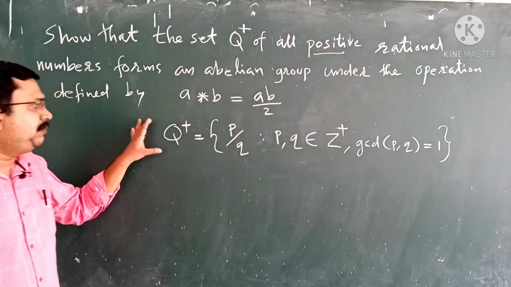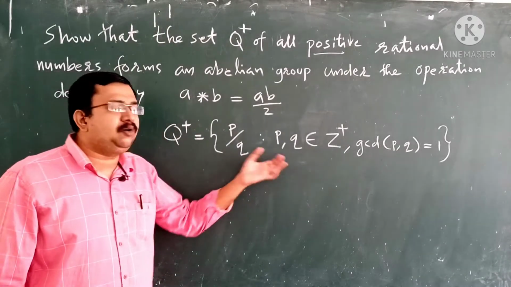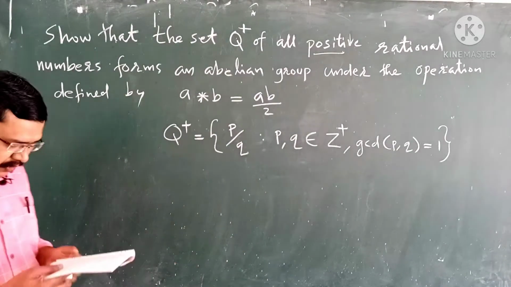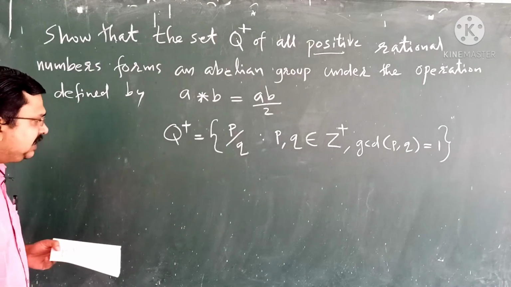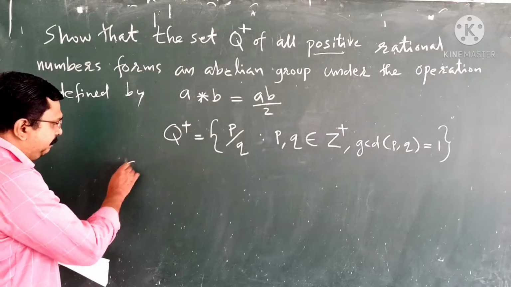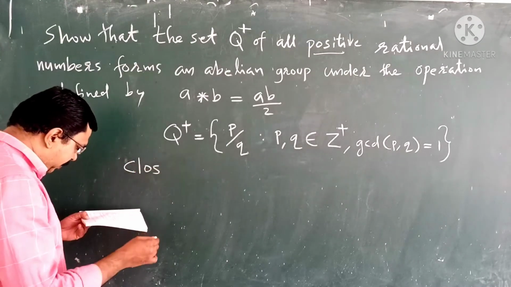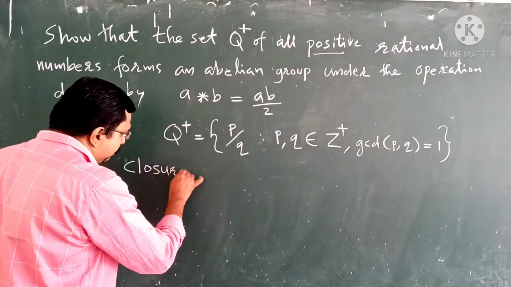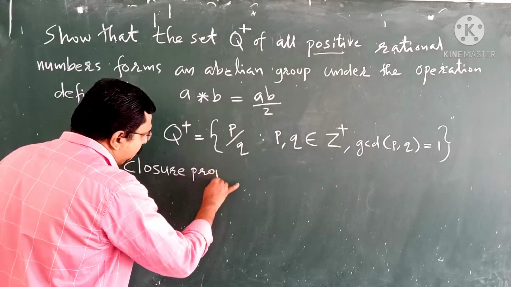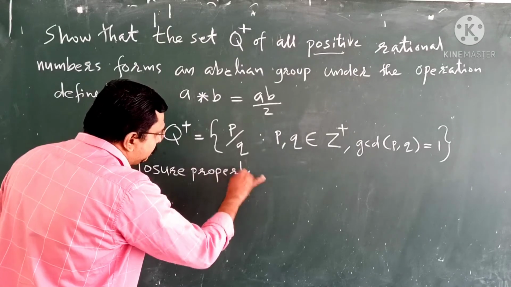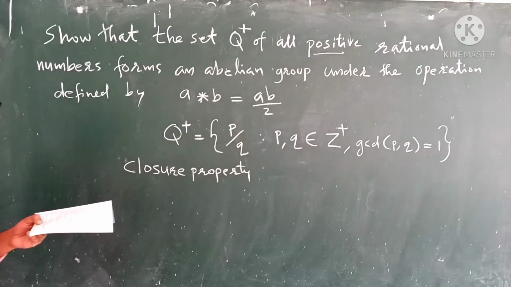First we define Q plus. Please write it down in your notebook. Now we can prove it. First we prove the closure property.